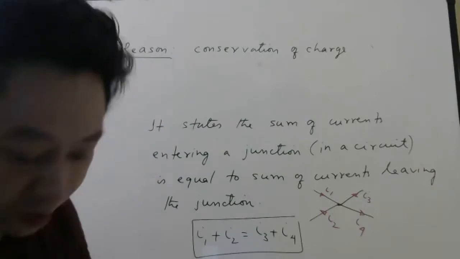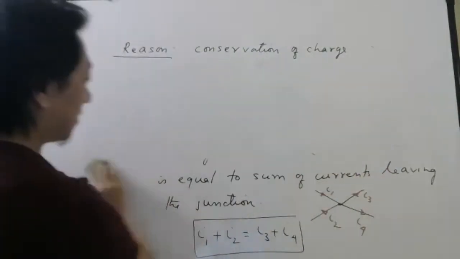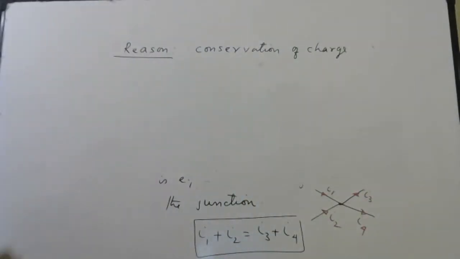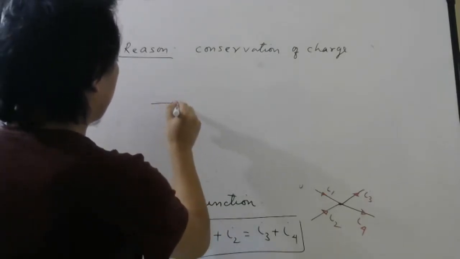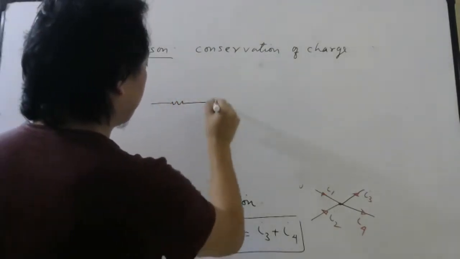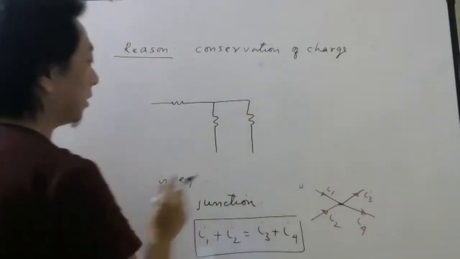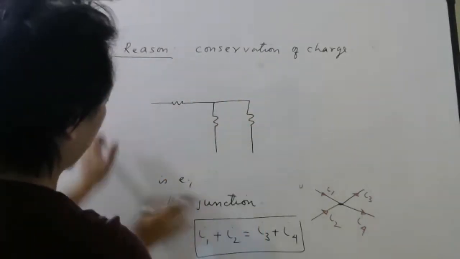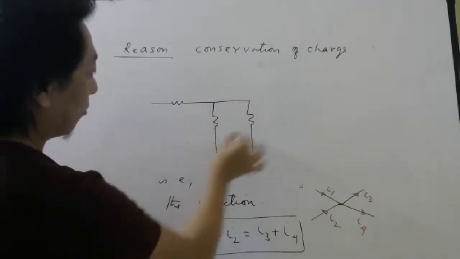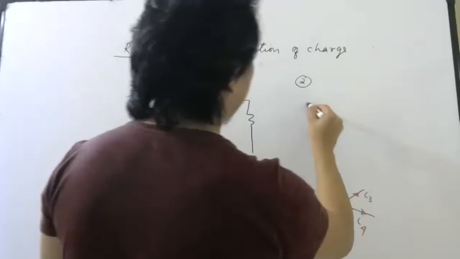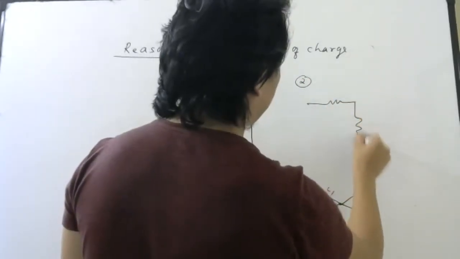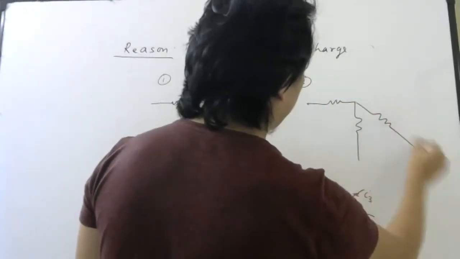Now let us apply this for simple questions first. So imagine there is a resistor like this. This is closed. Somewhere it is connected to other parts, but I am showing you only one part. This is the first example. It may be like this also.